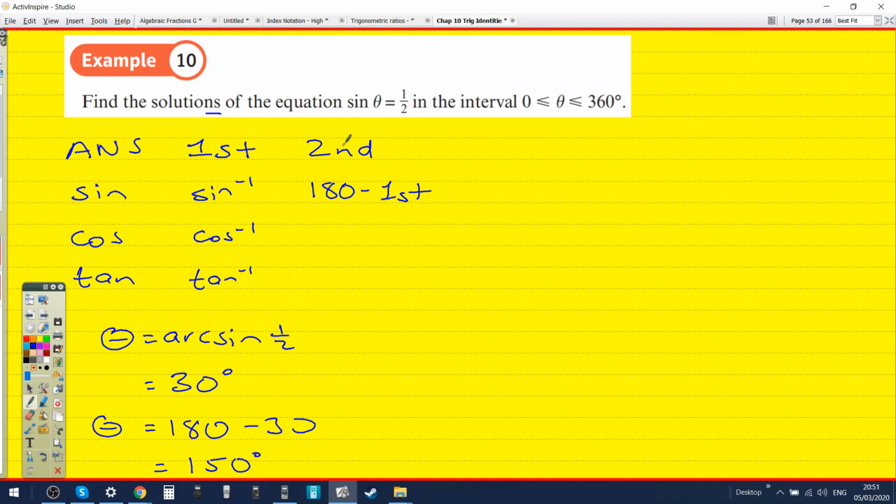How do you get the second answer for cos, do you remember? You do 360 minus. How do you get the second answer for tan? 180 plus.